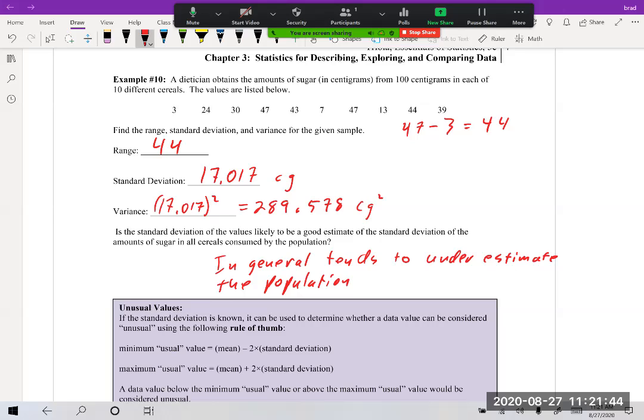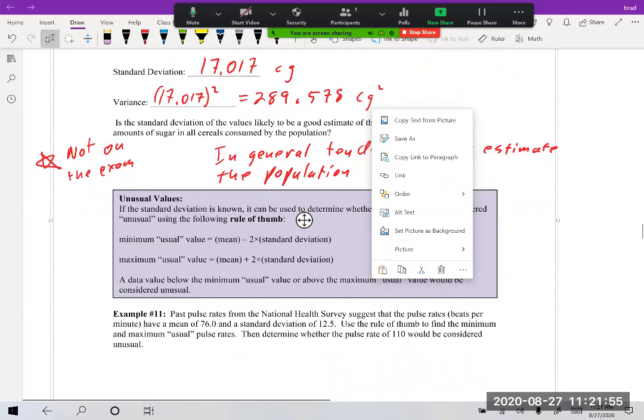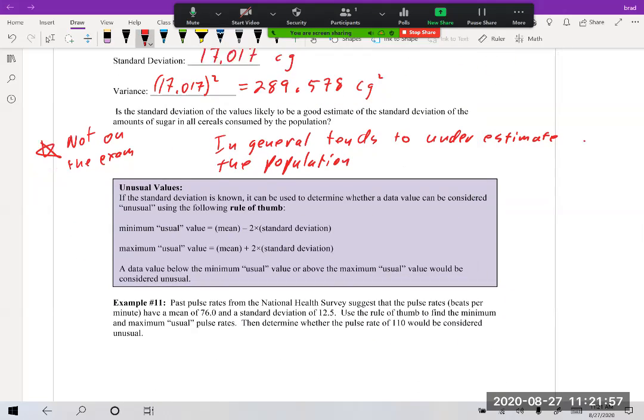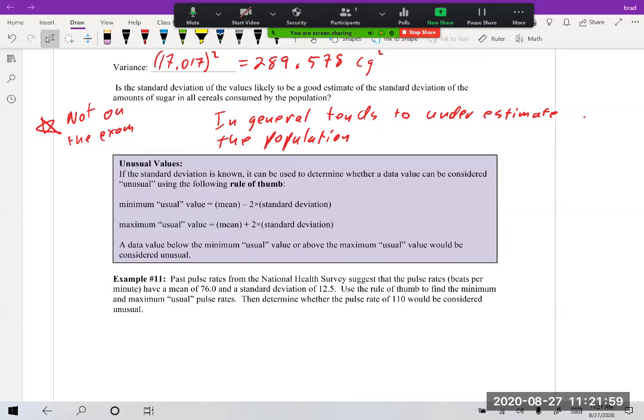So I don't think I'm going to put this on the test, though. Okay, but if you wanted to, that's not something I'm super going to focus on, but that is in general the truth about the standard deviation of the sample versus the population.